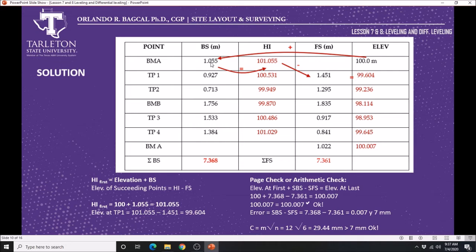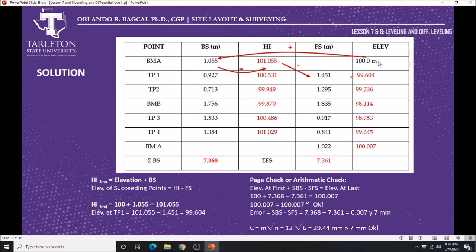What you have here for benchmark A, you must have only a backsight. There is no foresight. For your TP1, it must have both your backsight and foresight. All of these black numbers here correspond to the data that you observe, and any of those red numbers here are the processed numbers, or those are the calculated.